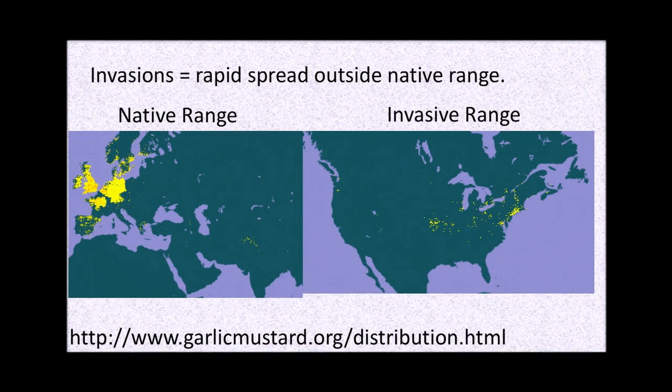Very direct in its competitive ability. When I say invasions, I mean it's a species that's been introduced and it's spread rapidly. So that's what ecologists mean when we say invasion. We're talking about rapid spread in the landscape. You can see the native range of garlic mustard highlighted on the left, and then you can see some of the locations where it's spread in North America. It's been spreading really rapidly upon introduction.